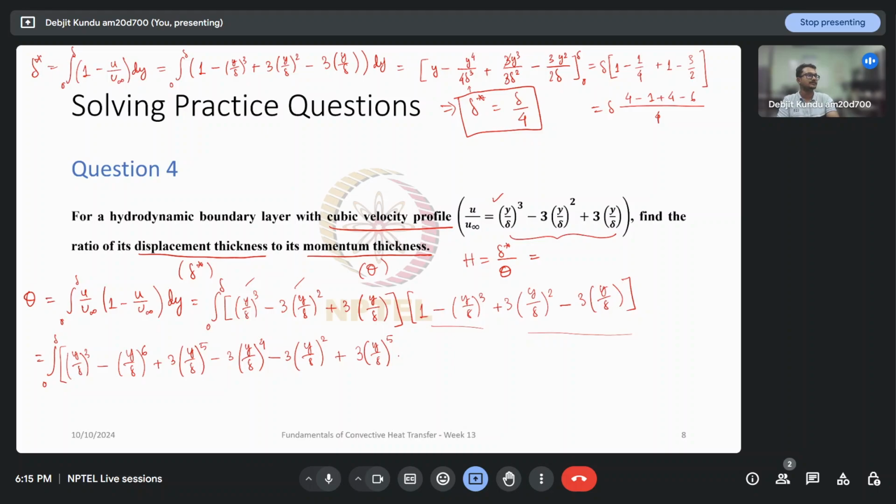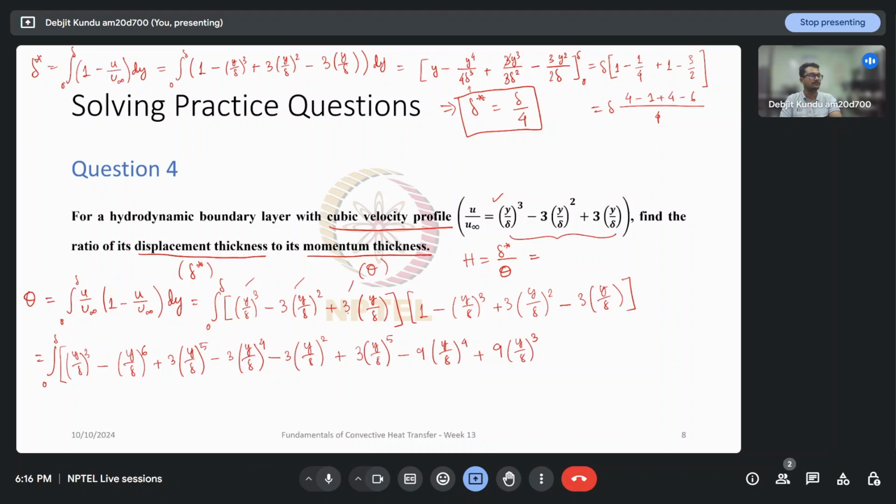Then the next term will become negative. So it will be minus 3 into 3, so 9, and y by delta to the power 2 plus 2, 4. Then the last term will be plus, again 3 into 3, 9. We have y by delta, power 1 plus 2, so 3. So these four terms are done.